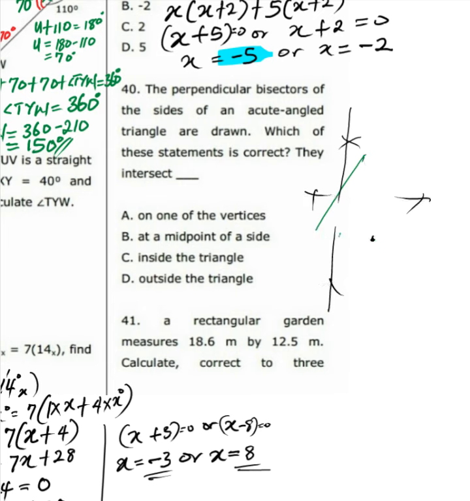The perpendicular bisectors of the sides of an acute angle triangle will always intersect inside the triangle. You can reconstruct as many times as possible, you will see that they will intersect inside the triangle, as long as it is an acute angled triangle. So the correct option for this is inside the triangle.